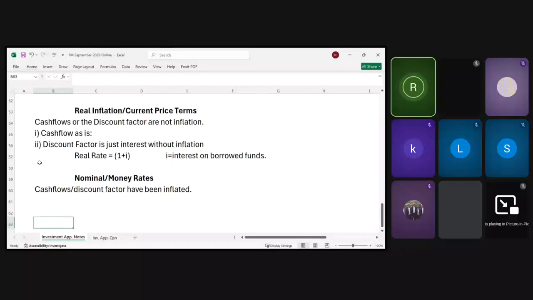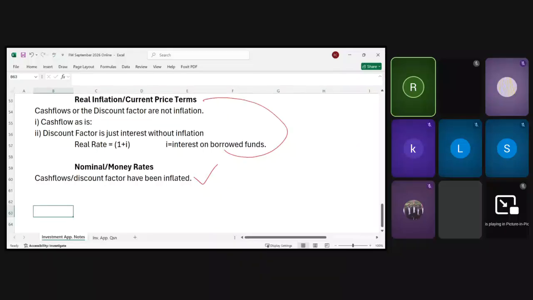In most cases, for your questions, you will get items in real terms, but you are then required to calculate your net present value in nominal terms or in money terms. So let's see how to inflate cash flows and discount factors.